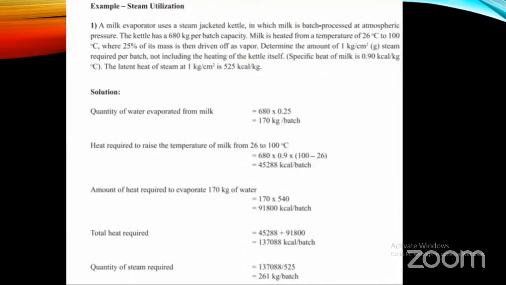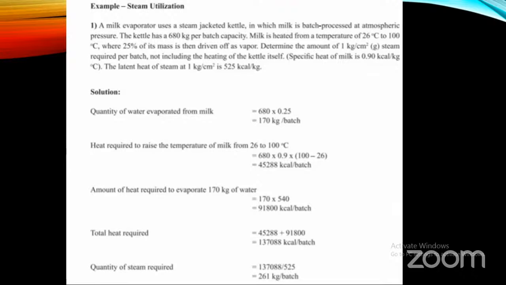So we'll do one problem. A steam jacketed kettle operates at atmospheric pressure. The kettle has a 680 kilogram per batch capacity. Milk is heated from a temperature of 26 degrees to 100 degrees, where 25% of its mass is then driven off as vapor.